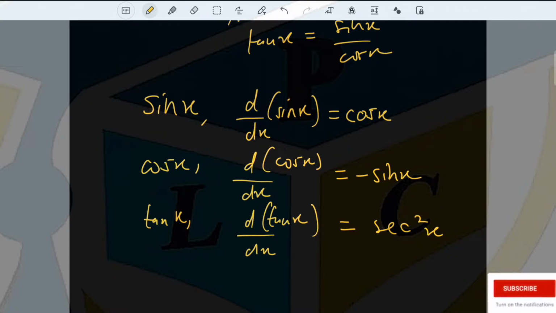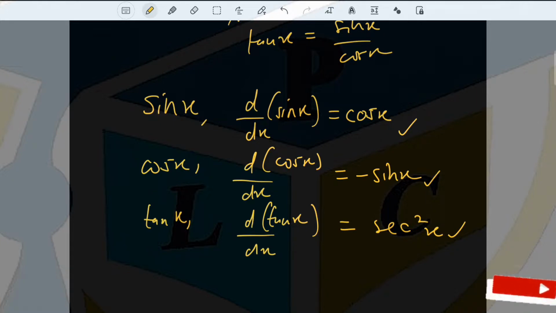Once we get these rules down, we have cos x, negative sin x, and sec squared x. It is enough. We can do everything based on the inverse formulas for these approaches. Once we get to this stage, you are good to go. Any question on trigonometry with respect to their derivatives, you should be able to deal with them very clearly. I hope that is clear.